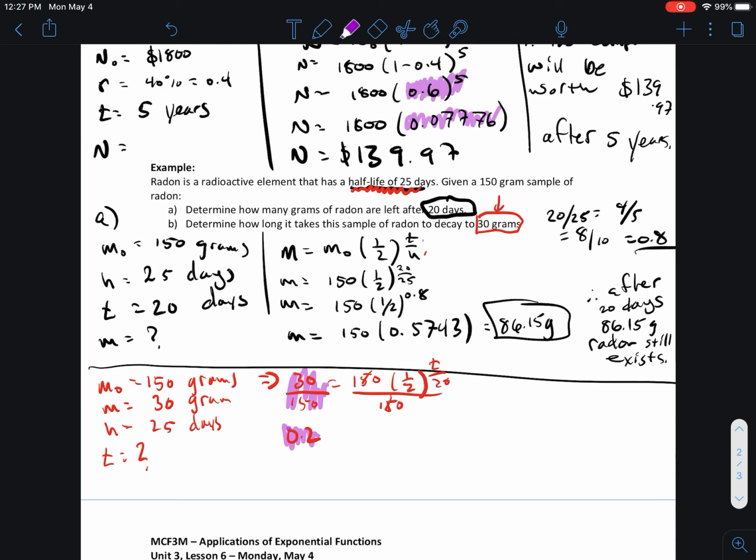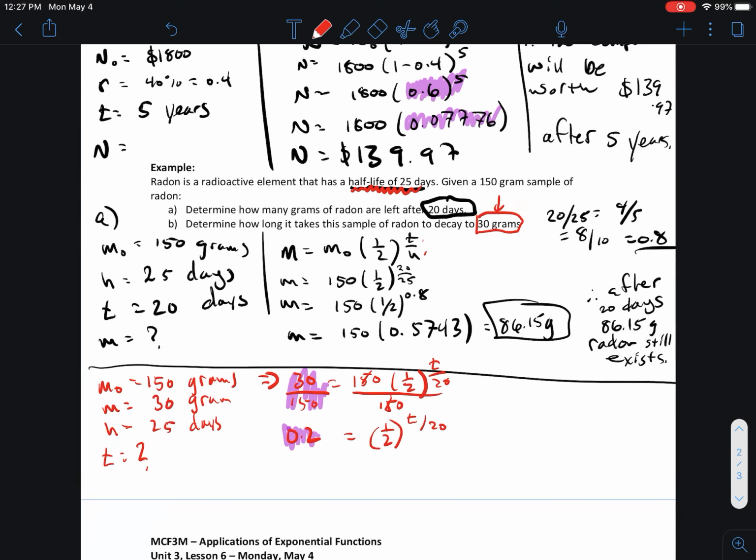Okay, so if you typed into your calculator 30 divided by 150, I'm just trying to save some space here, you're going to get 0.2, okay? So 0.2, I'll highlight that so you can see that's where that came from, right? That's the actual math on that. 0.2 is equal to 1/2 to the T over 20.